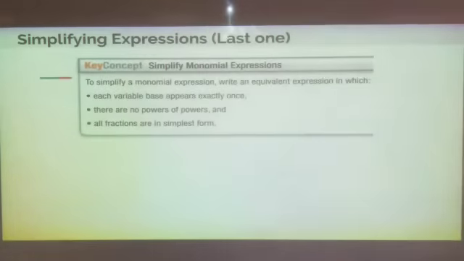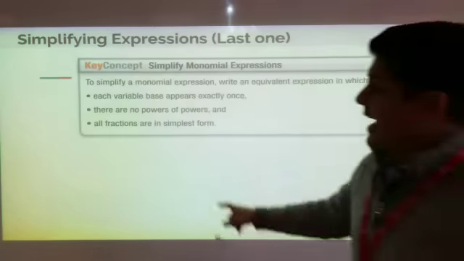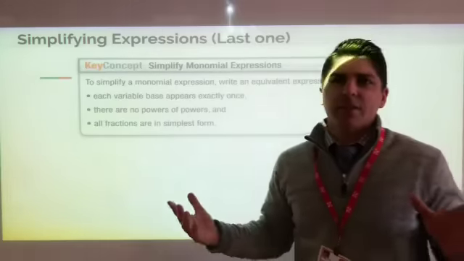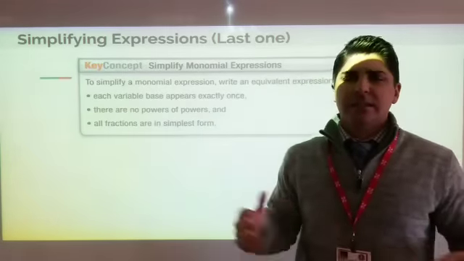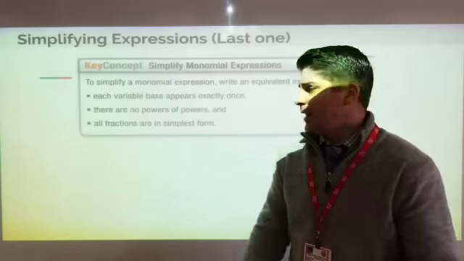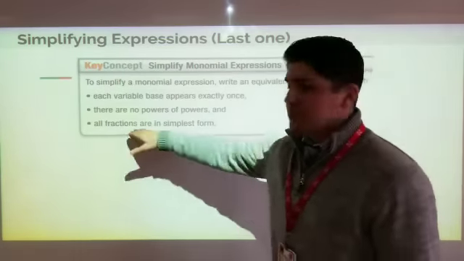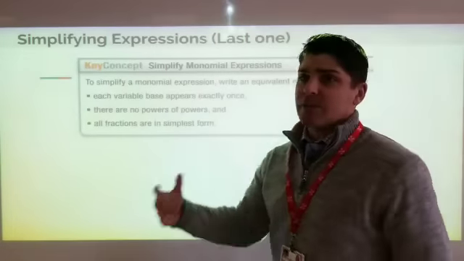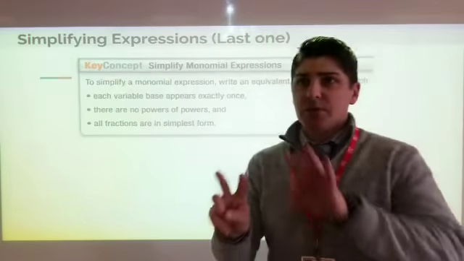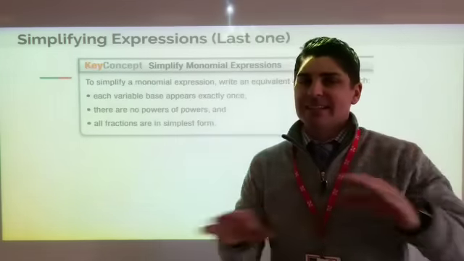Well, these monomials are simplified when you only have one variable left. So you couldn't in your answer have like y to the third and y to the fifth. Well, that's not simplified because you can simplify that more. The fractions have to be simplified. And no more powers of powers. So 2 to the third to the fourth, you got to simplify it.